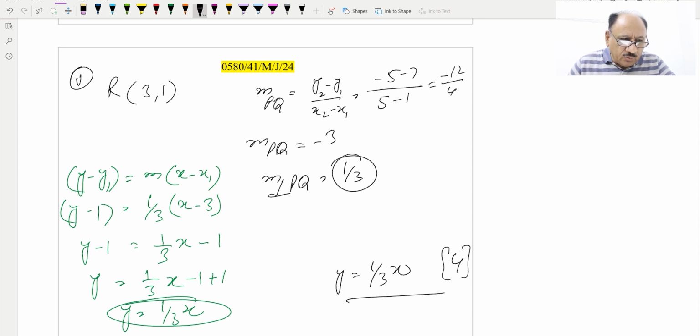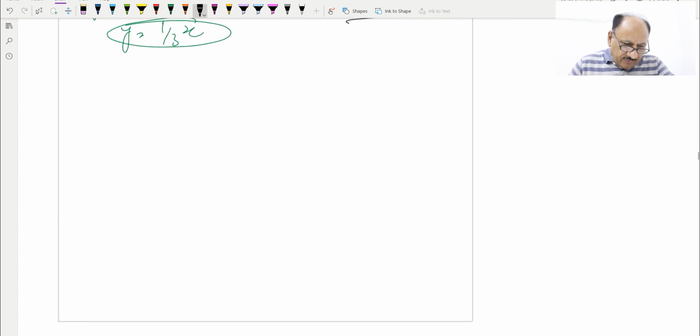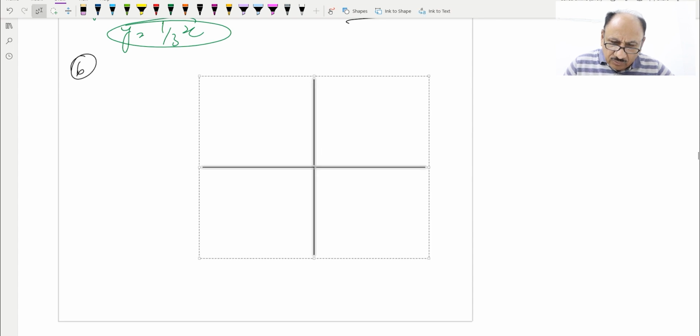Hopefully you understood this. Now the second part, B part, we can solve over here, and B part says the position vector of A is A. So if we draw the coordinate axis again, we can draw the coordinate axis like this one.